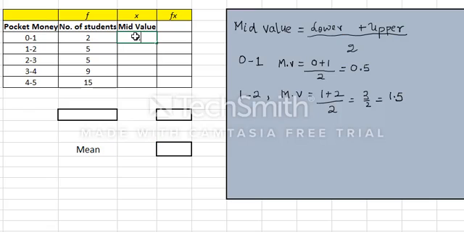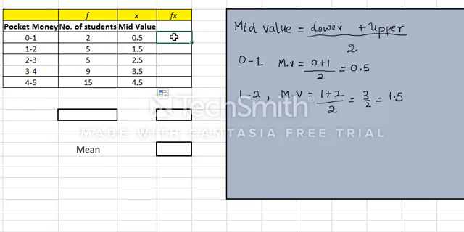It is 0.5, and in the next interval we know it's going to be 1.5. The calculations are not very difficult, but I can anyways use Excel to fill up the rest of the values for me. So there you go. This is the column of the mid values. So 4.5 is 4 plus 5 divided by 2, the mean of 4 and 5.